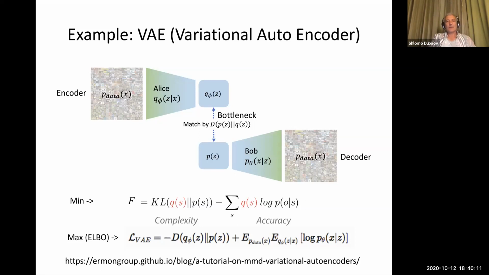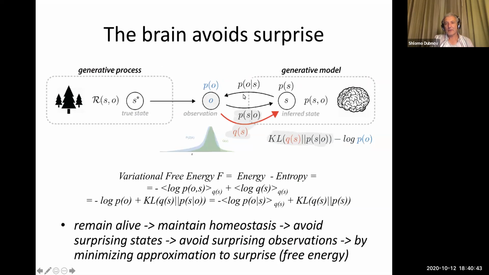So here you see I have X and Z instead of S and O. But X are the observations, so X are the O's, and Z are the hidden states, the S. Okay, so it's exactly the same logic, just the letters changed. So you analyze, you find your latent or internal representation, and then you're basically going back and generating the data. So this is this path. Okay, we're going back.